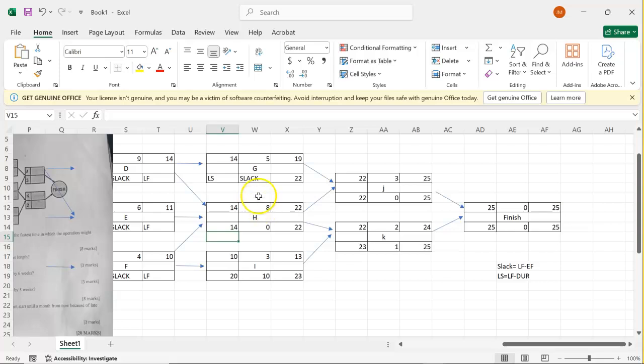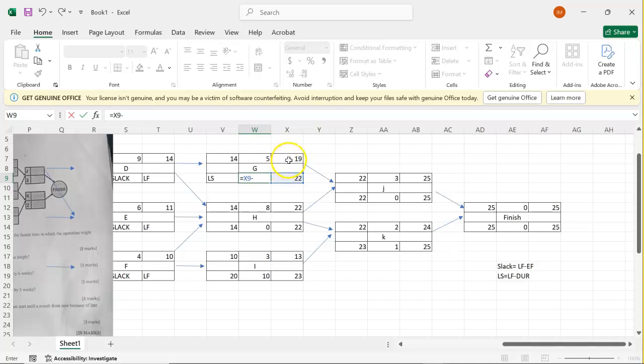This is giving us that. Then that also will be equal to that number minus that number, giving us that. There it will be equal to that number minus that number, so giving us that.